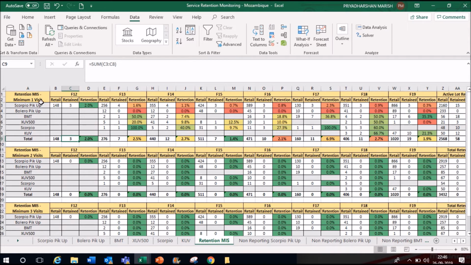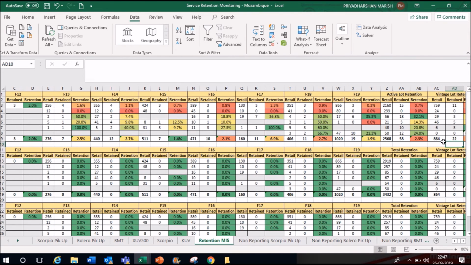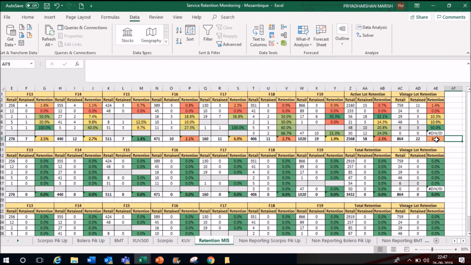So for example, Scorpio pickup of FY12, I've retained to the tune of 2%. Scorpio in FY15, I've retained to the tune of 9.7%. And overall, my active lot, that is 5 years old customers, retention is 2.3%, and for the 3 years prior to that, the older customers' retention is 2.5%. These are all just indicative figures.